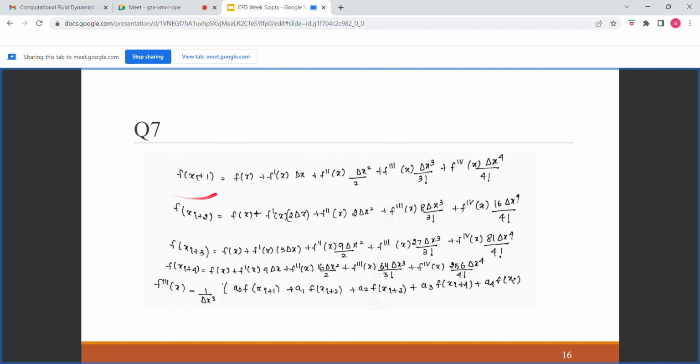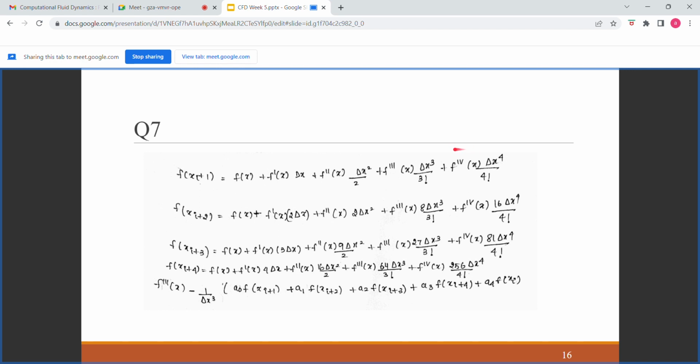Here we are denoting f of x plus delta x as f of i plus 1. So the step size is 1 in this equation. This is 2 factorial, guys, and it is f triple dash of x into delta x cube by 3 factorial, f fourth derivative of x delta x power 4 by 4 factorial.